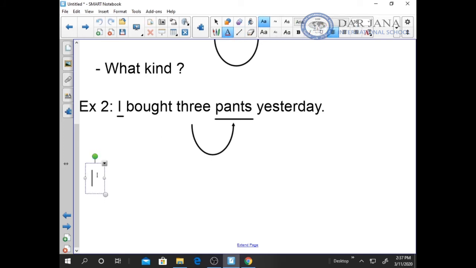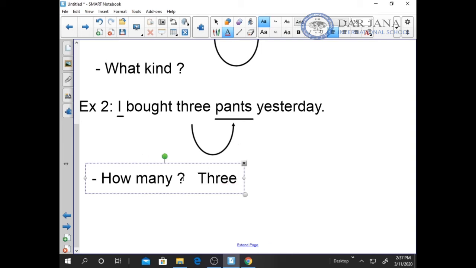So 3 here is an adjective describing how many pants did I buy. So the second thing we need to know is that an adjective answers the question how many. And in the following example, the adjective 3 is answering the question how many and it is describing pants.